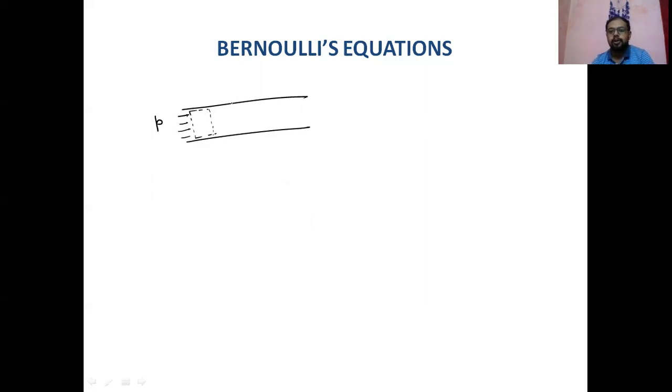To maintain the flow, whatever work you have to do is known as the flow work.